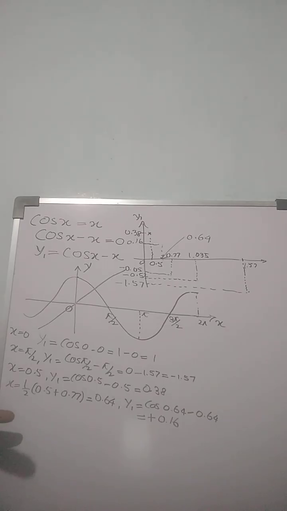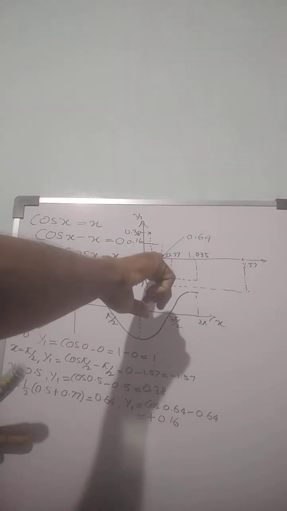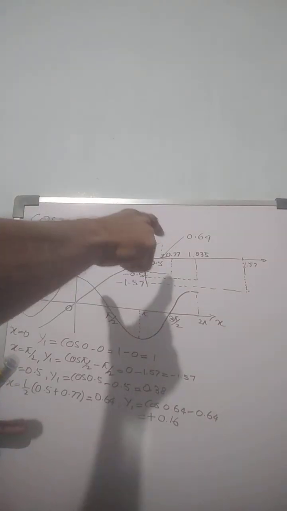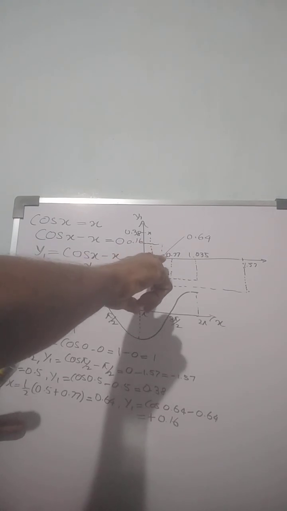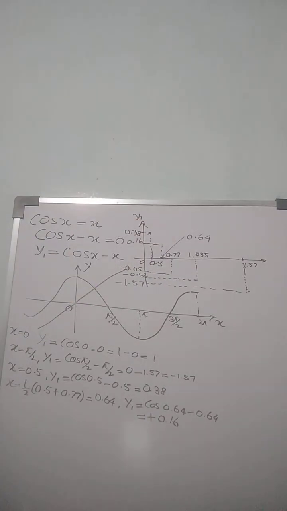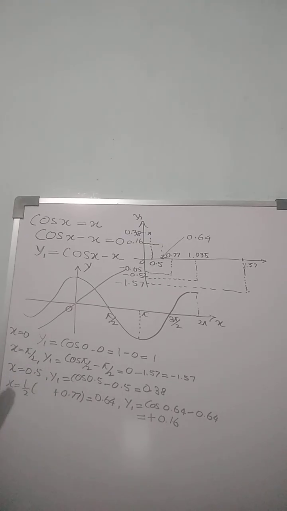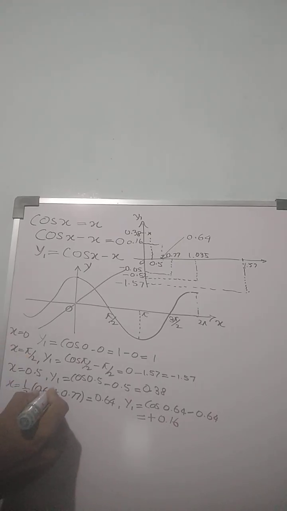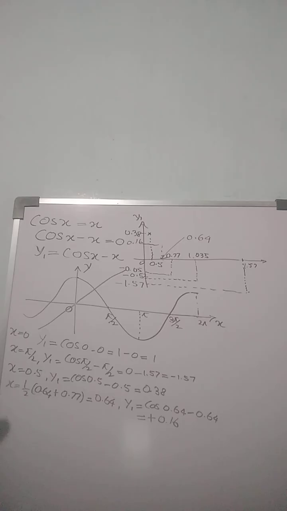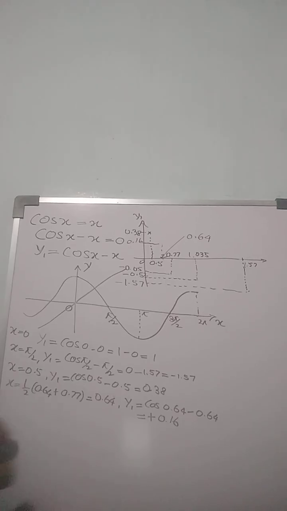Therefore, the next value is the midway of 0.64 and 0.77. 0.64 plus 0.77 divided by 2 is 0.71.